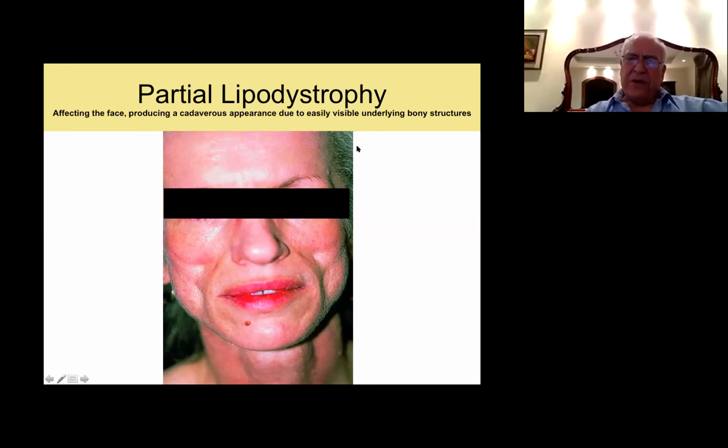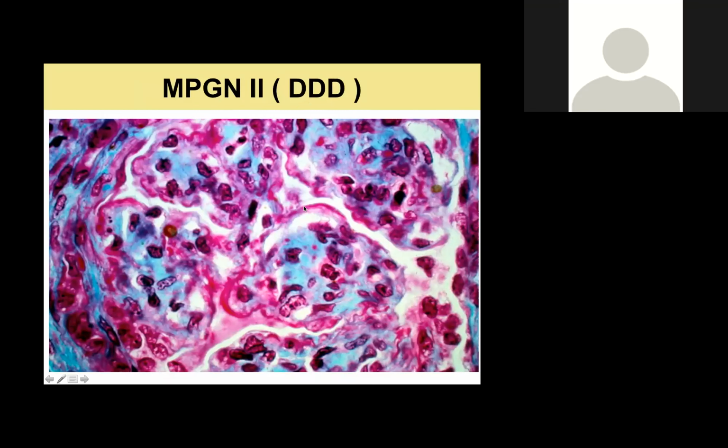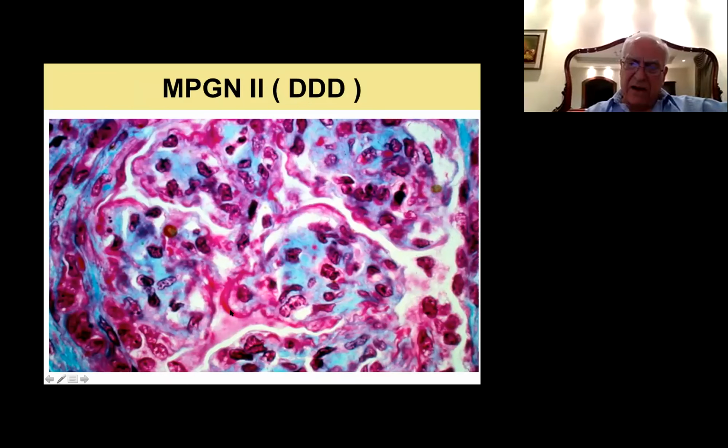More importantly, you may see this kind of pattern, which is a lobular pattern with nice, thick ribbon-like eosinophilic structure with inflammation, increased number of cells.